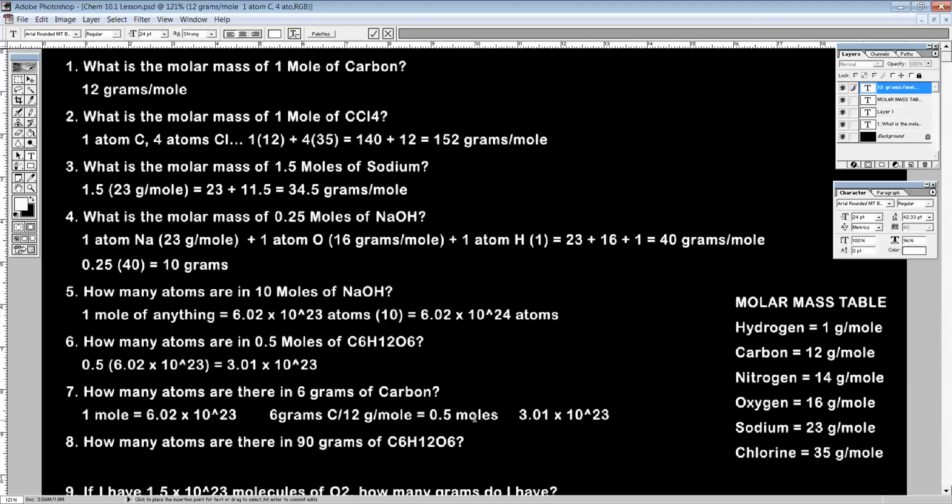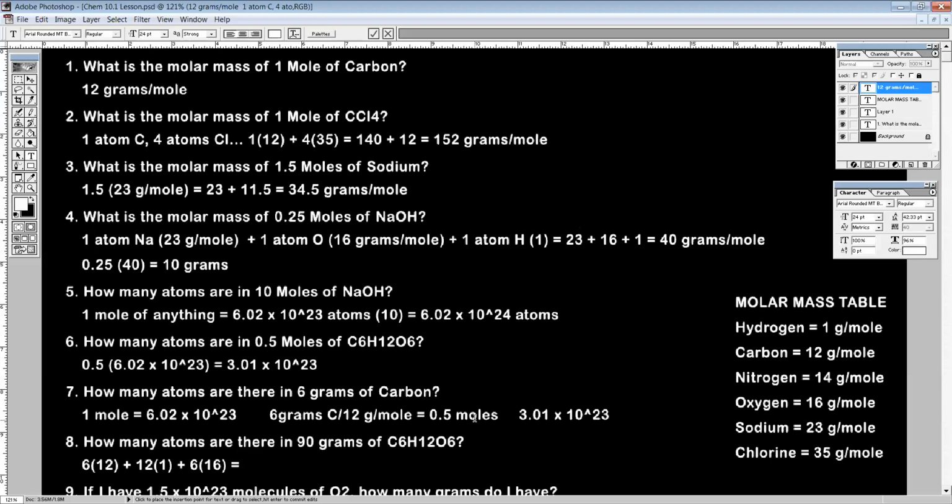Carbon is 6 times 12, plus our hydrogen, we have 12 of those, and they are 1 gram apiece. And then finally oxygen, we have 6 oxygens, and each oxygen, looking over the table, is 16 grams each.